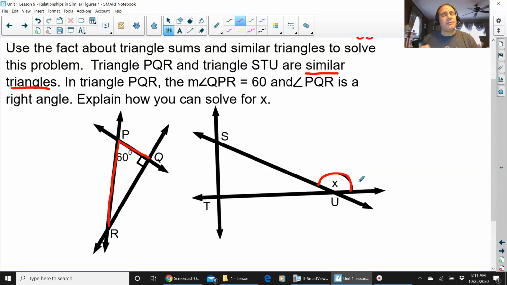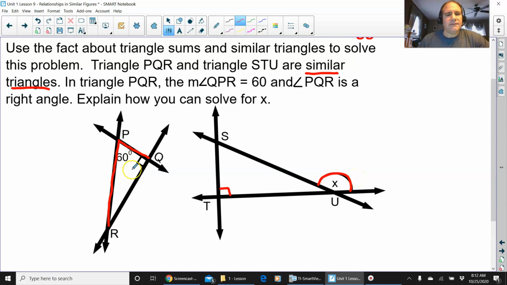We're not putting any of these into proportion because there's no side lengths given at all. There's sides, but there's no side lengths given. Only an angle, 60 degrees, and another angle, which this box means 90. Go ahead, use the information to solve for the missing angles in this one, and then solve for x. That's the main thing. Go ahead, try the problem, press pause now.